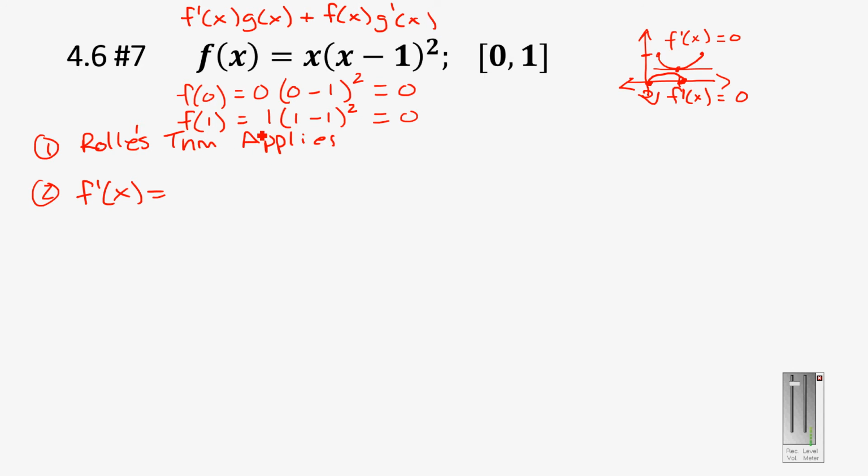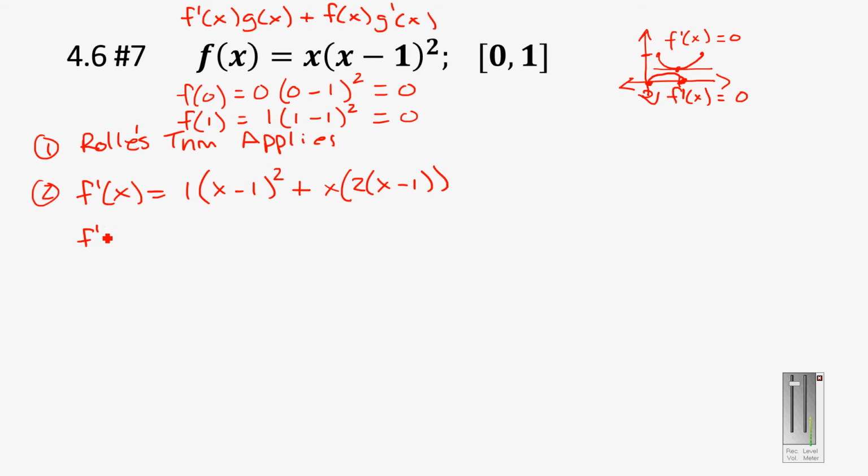Okay, so if I take the derivative, the derivative of the first term, leave the second term alone, x becomes 1 times x minus 1 squared. I'm going to add that to leave the x alone, and take the derivative of the second term. So this becomes 2 times x minus 1.